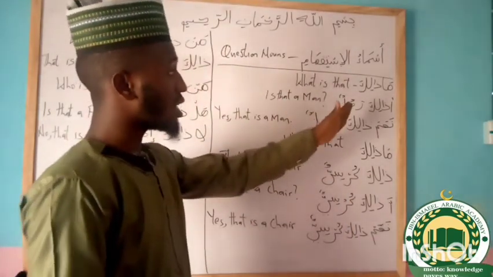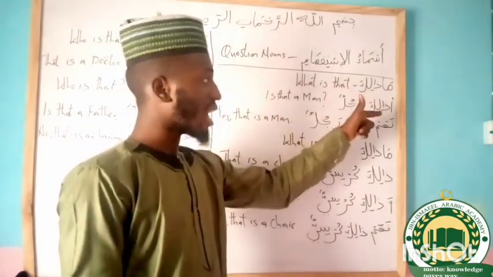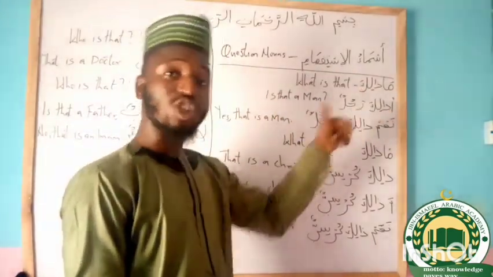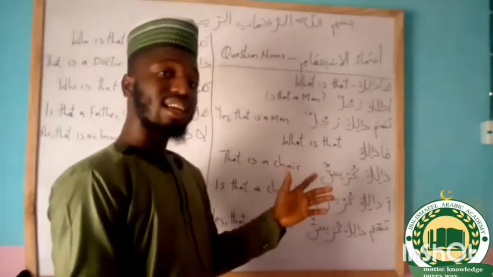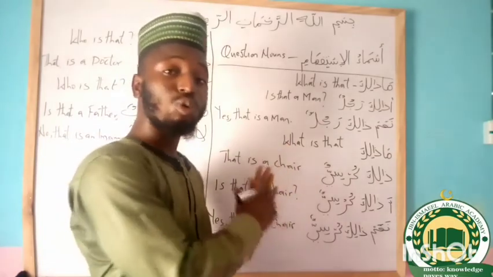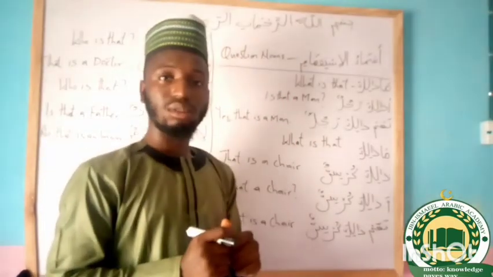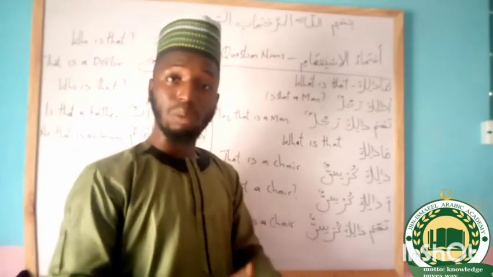We are done with ma, with dhalika, that denotes a question. Then this aspect deals with what? Only things that are not human beings, sort of ma.